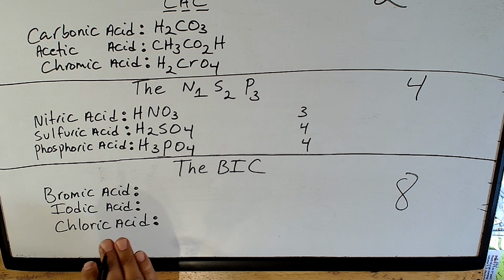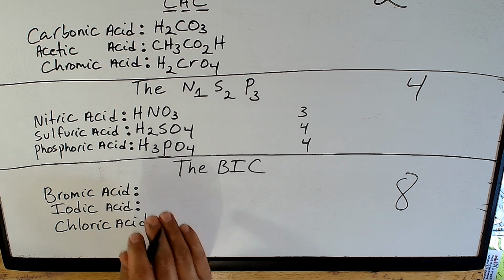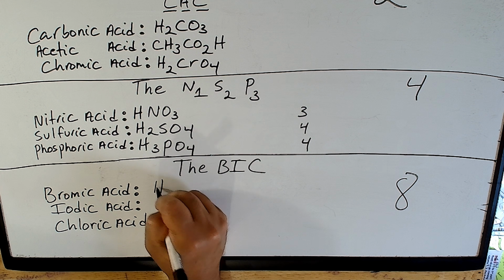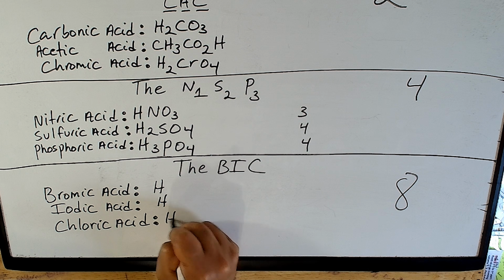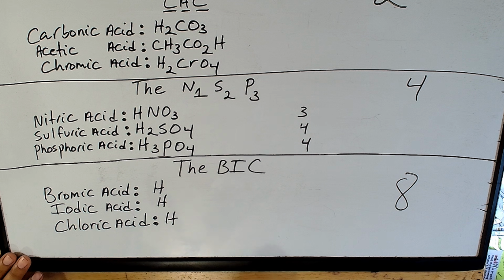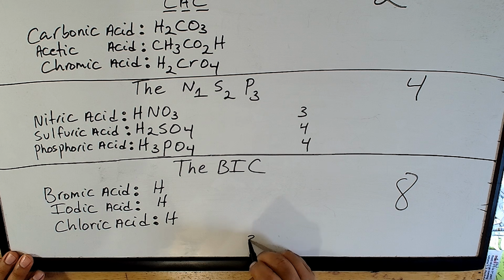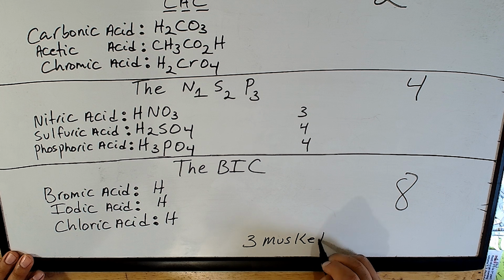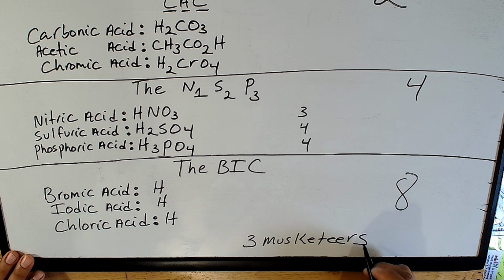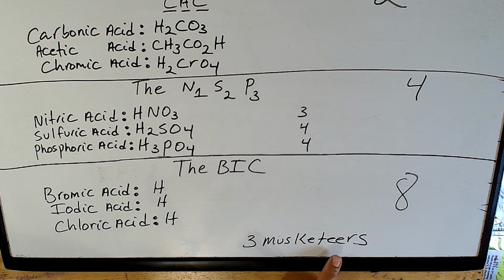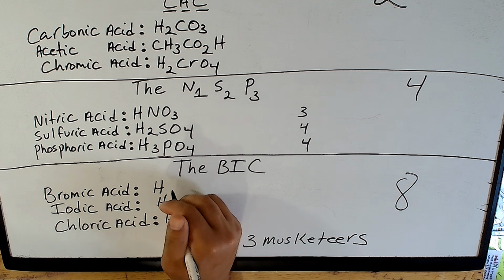And we said that 8 of them start with the letter H. By the way, this family is also known as the Three Musketeers. And the reason for that is because they all end with the subscript of 3.